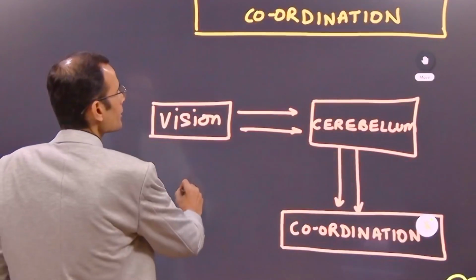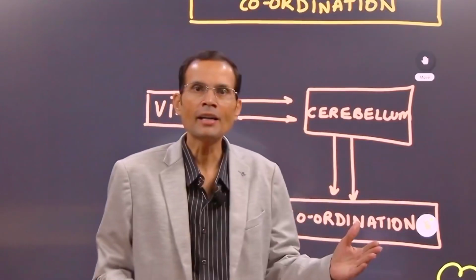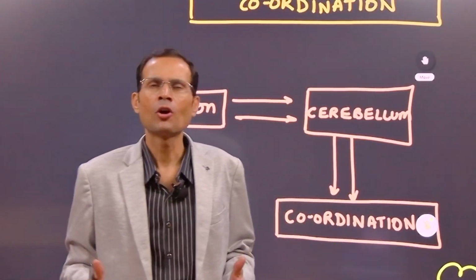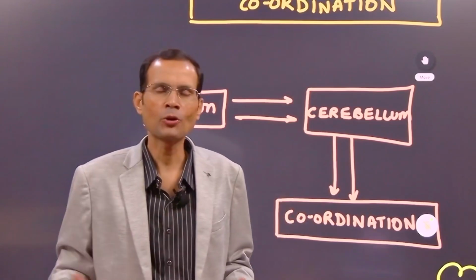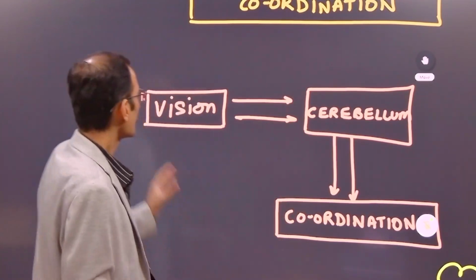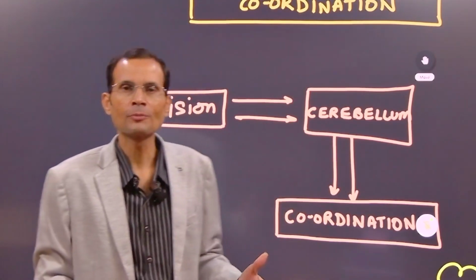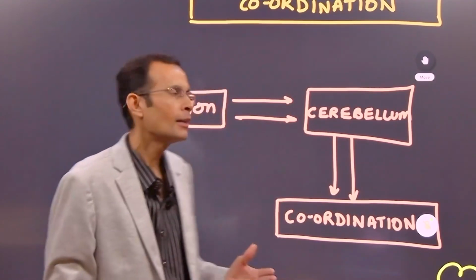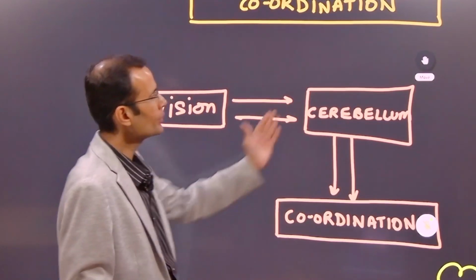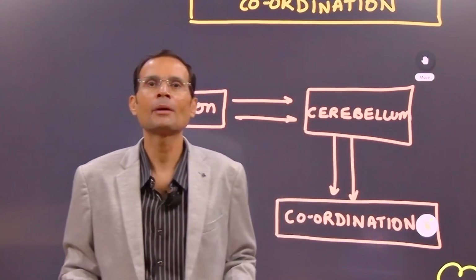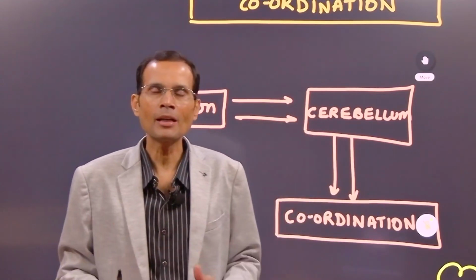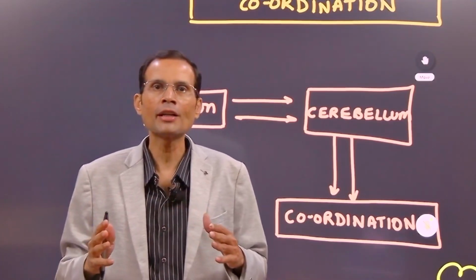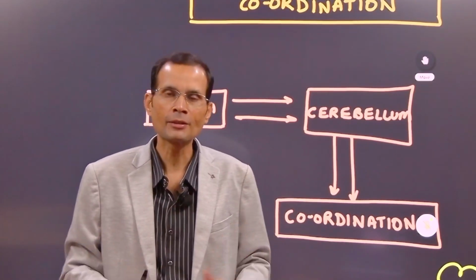Right, now first thing is, the word is eye-hand coordination, or some people call it hand-eye coordination. Well, it starts with the vision, of course, because it's the eye vision. We see the things, and then the signals have to be sent somehow to the cerebellum, because cerebellum is the ultimate master coordinator for all our voluntary movements.